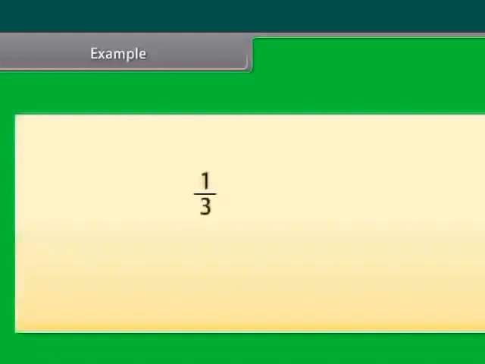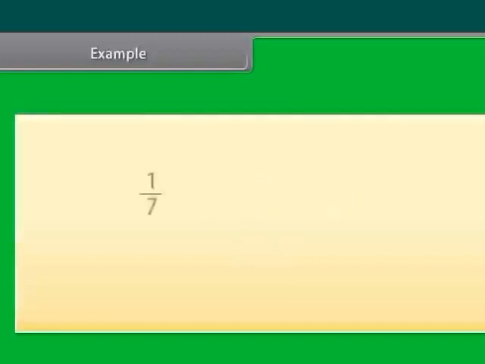1. Example. Let us now have a look at one example. 1 by 3 is a rational number. The decimal expansion of 1 by 3 is 0.3333 and so on. And we can see that 3 is repeating here. We write it as 0.3 bar. Let's take another example.